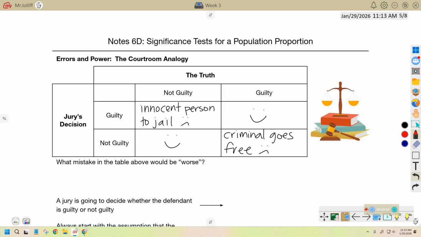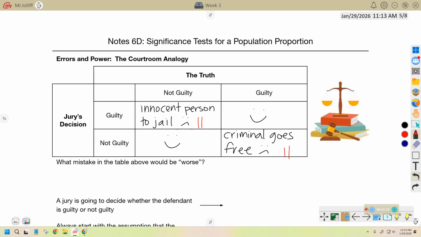All right, let's take a vote. We're going to go around the class. Amanda, which one did you vote for as worse? Back table, Flor, what did your table vote for? Innocent person going to jail is worse. Miguel, what did your table vote for? Innocent person to jail. Will? Criminal goes free.